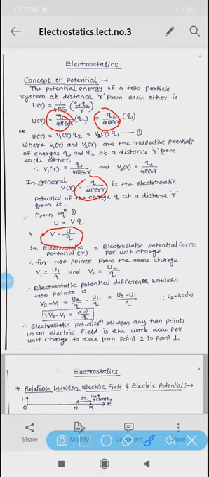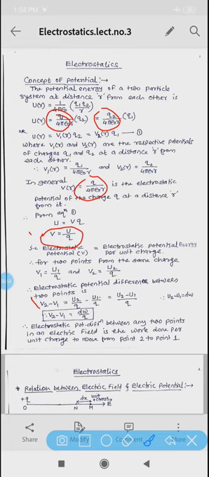But U2 minus U1 is equal to dW. What is dW? dW is the work done by the charge, and therefore V2 minus V1 is equal to dW upon Q. V2 minus V1 is nothing but the electrostatic potential difference between the 2 points. dW is the work done and Q is the charge, and therefore the electrostatic potential difference between any 2 points in an electric field is the work done per unit charge to move from point 2 to point 1.